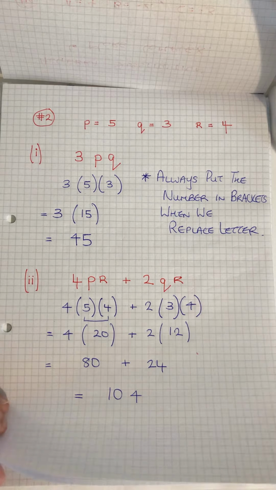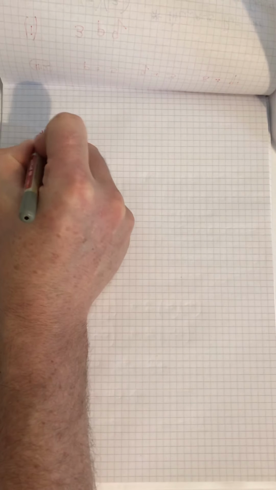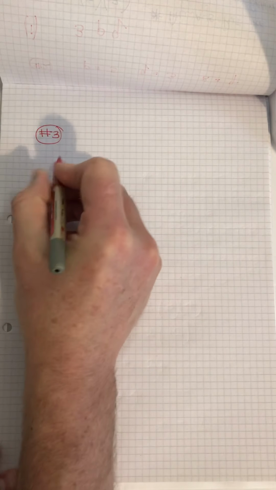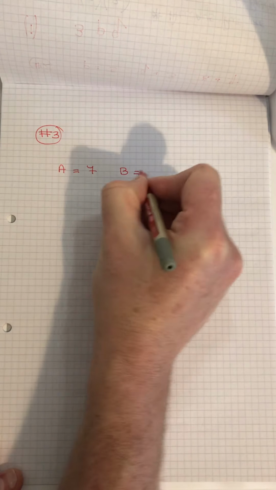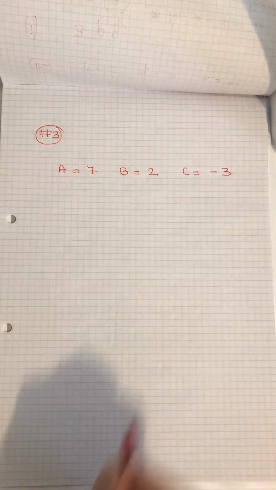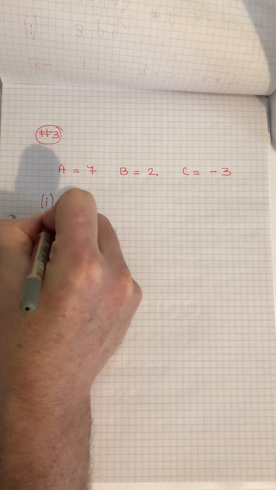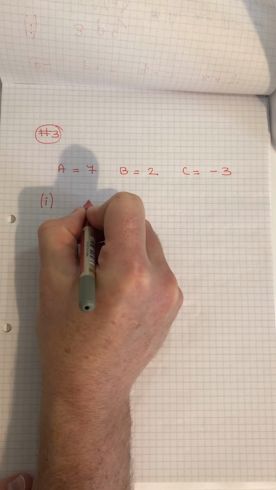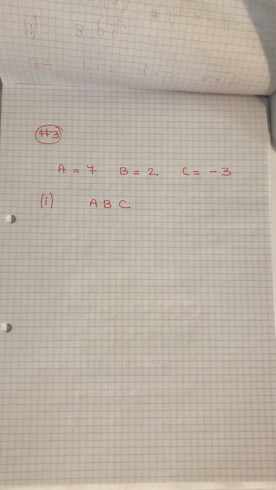Okay. And finally, I'll do another example, number 3. What happens if A is 7, B is 2, and C is minus 3? And supposing I give you an example like ABC. Okay?